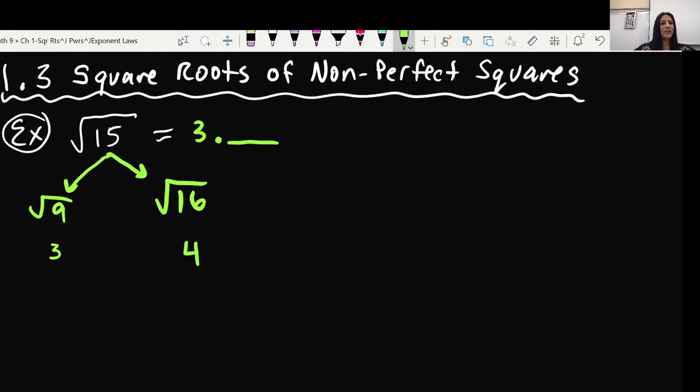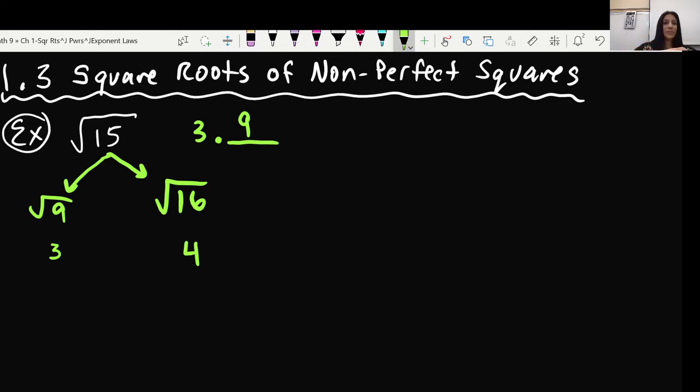I think root 15 is almost at root 16. So it's probably not going to make sense to say this is 3.2, for example. If it had been closer to root 9, I might say it's 3.2. But if it's almost at root 16, I would say maybe around 3.9 would be a good approximation.